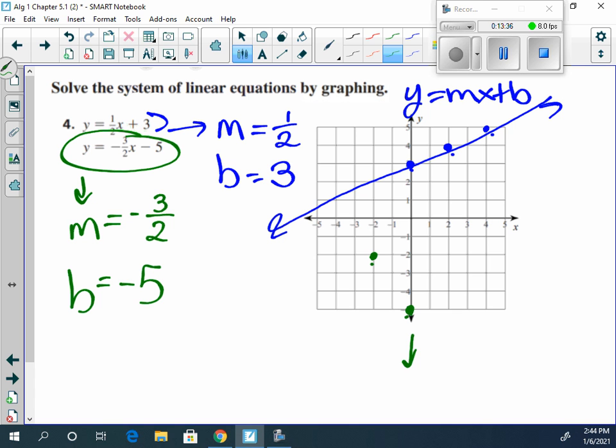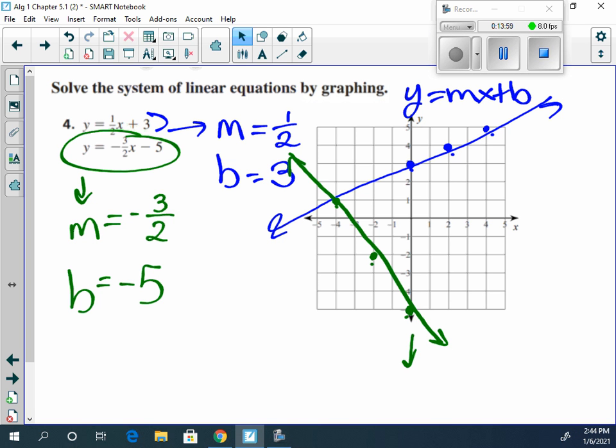Does a positive and a negative make a negative? And we can do this again. I can go up 1, 2, 3, and over 1, 2, and make our point. And we're going to run out of graph. Then we have this here. Now, do we have a solution for this here?